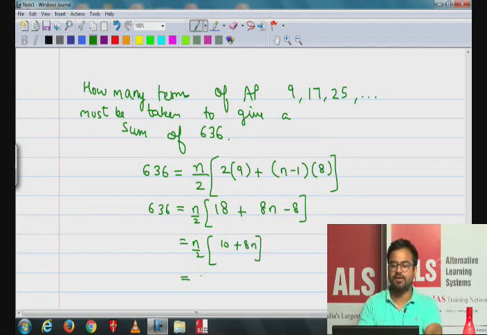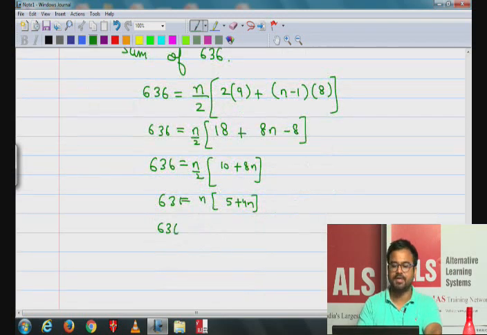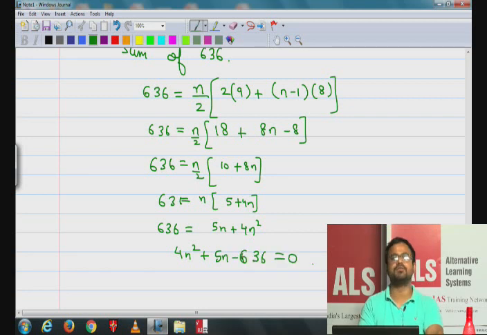And then dividing by 2, we can write this as 5 plus 4n. So we can write this as 5n plus 4n square. So 4n square plus 5n minus 636 is equal to 0. That is the final equation.